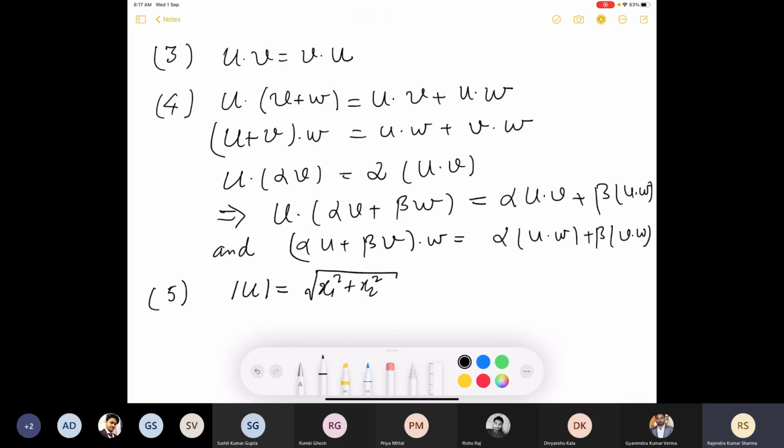So this here makes that this is equal to the square root of u dot u. So this is the square root of this.